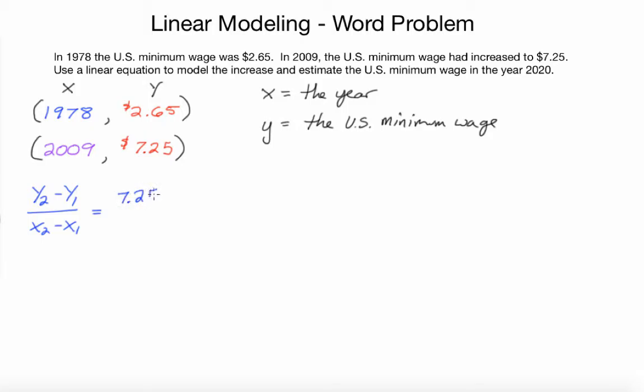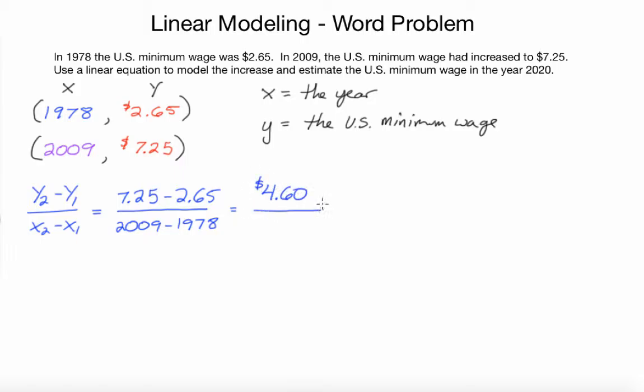I went from $7.25, subtract $2.65. I'm going to find that change in all my y values. And then I'm going to find the change in my x values, 2009 minus 1978. All right, let's pull out a calculator and do some quick math here. $7.25 minus $2.65 looked like an increase of $4.60.